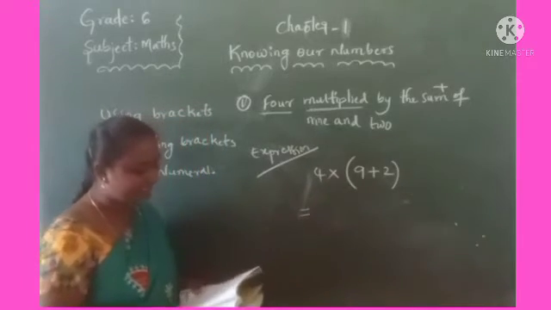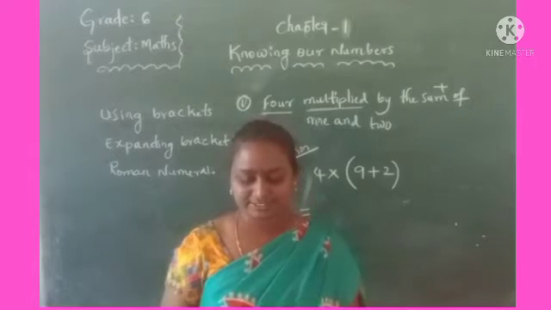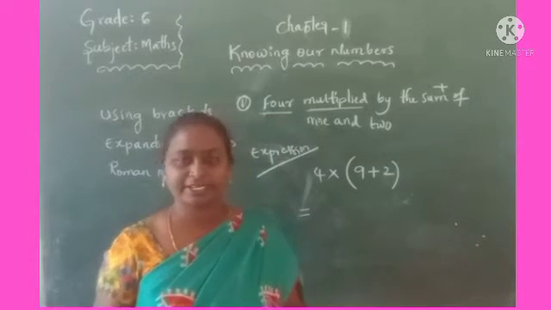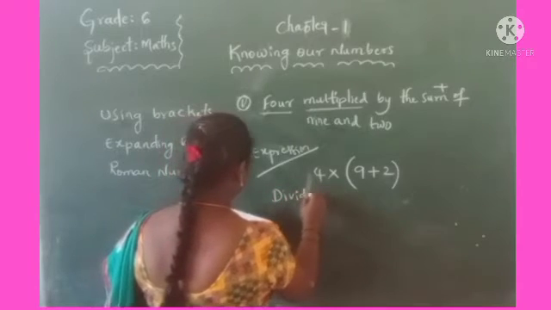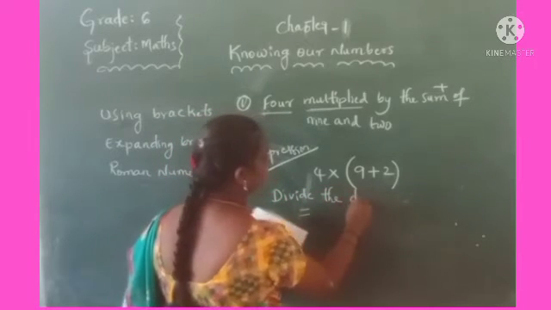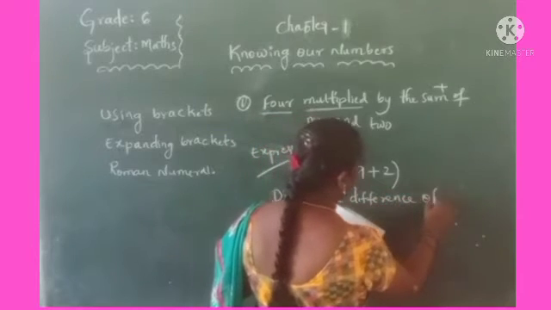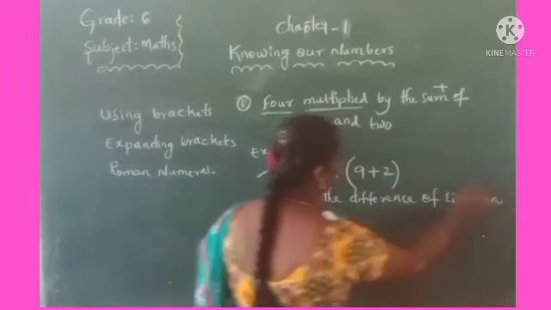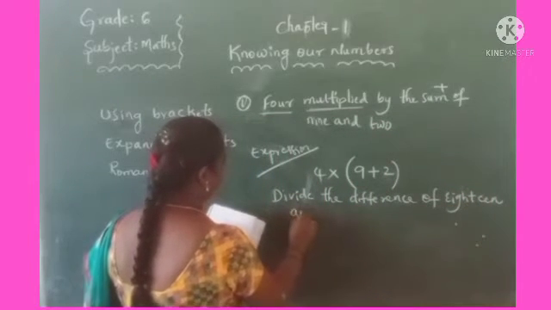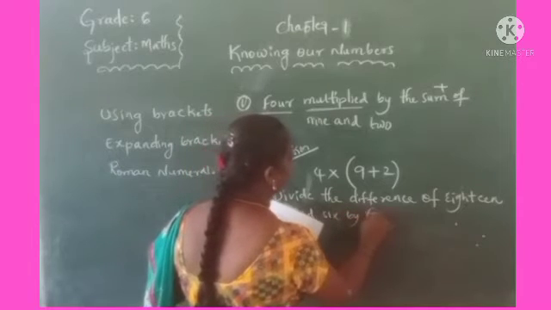Not only that, see here: divide the difference of 18 and 6 by 4. How to write this one? What is the given statement here? Divide the difference of 18 and 6 by 4.